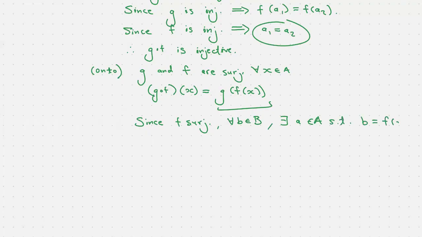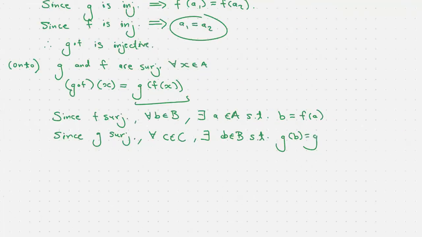And then as g is also surjective, for all c in our big set C, there exists some b in B such that g of b equals g of f of a, which equals c.